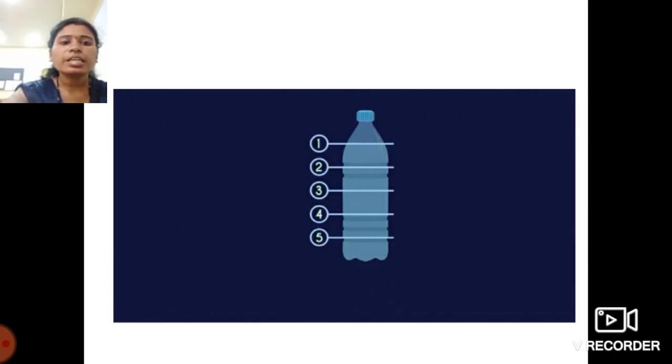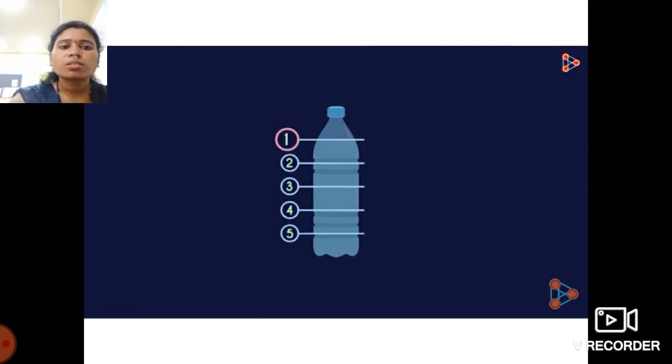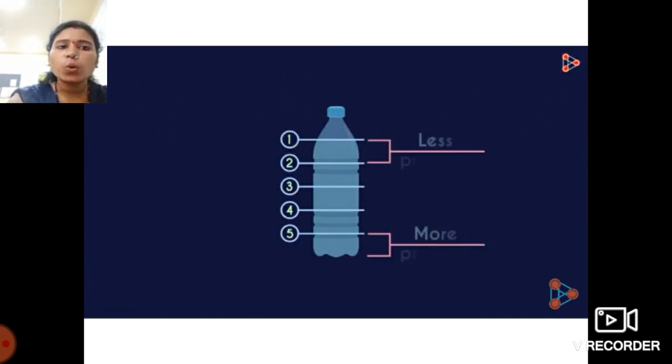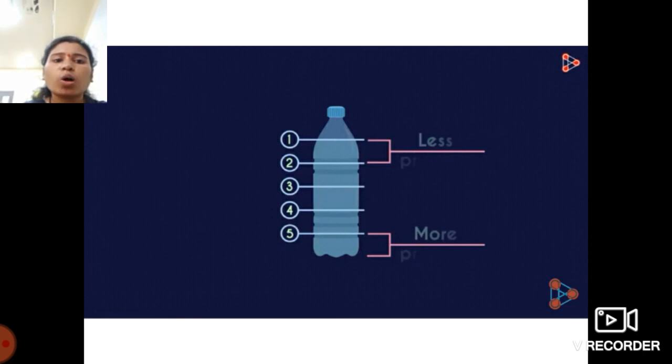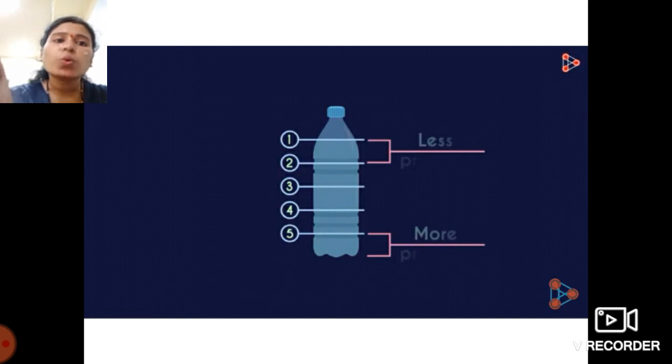Similarly, the third layer holds the weight of the first and second layers, and the fourth holds the weight of the top 3 layers, and so on. So clearly the pressure at the bottom layer is more.